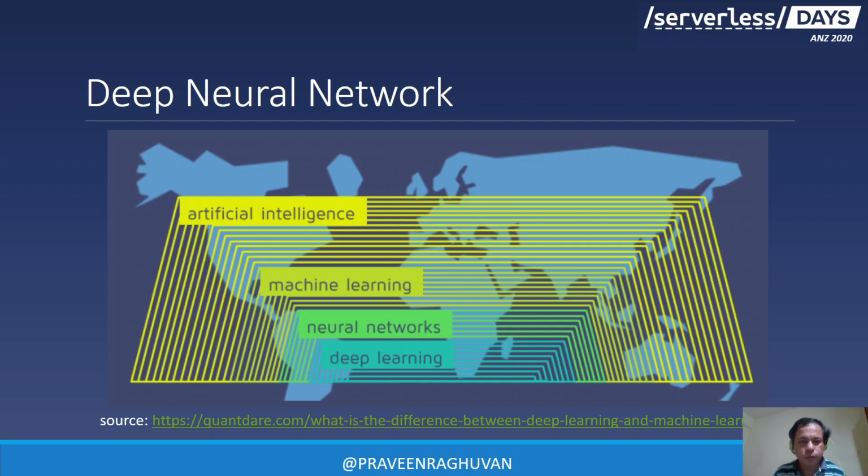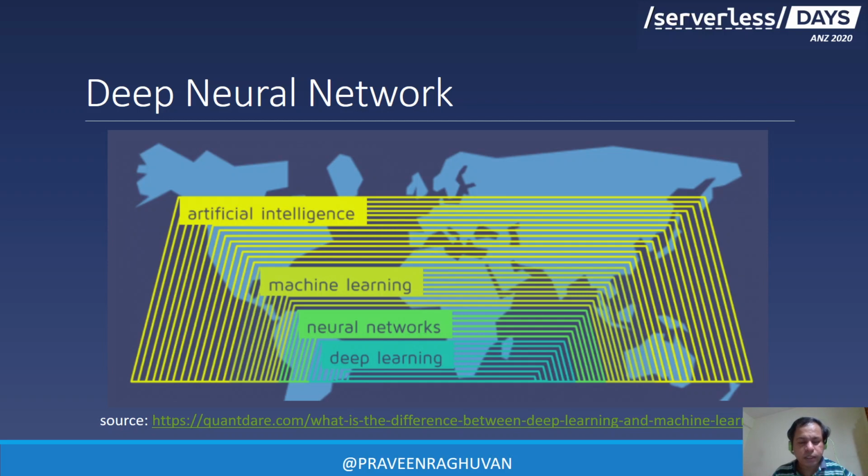So we'll start with the deep neural network. If you look at the picture given below, we have a lot of things that revolve around the field of artificial intelligence and data science. Artificial intelligence is like a superset of all these things present in this diagram, whether it is machine learning, neural network, or deep learning.